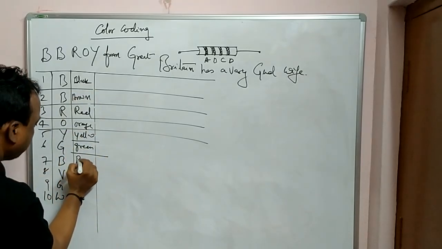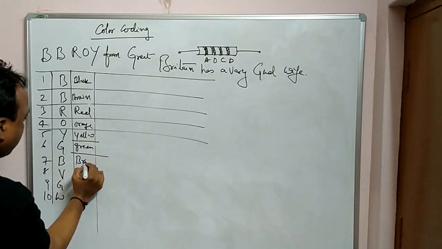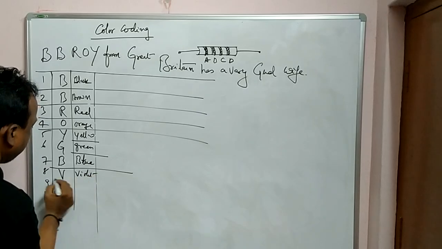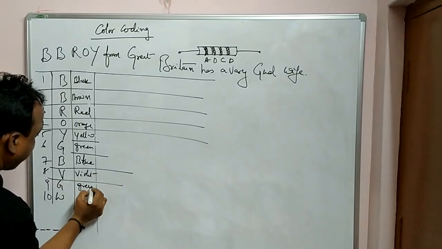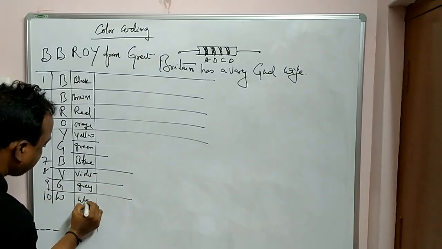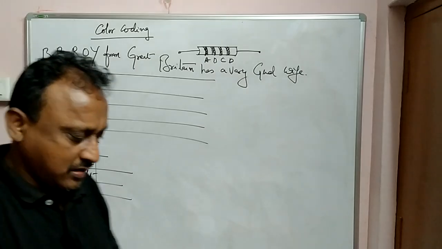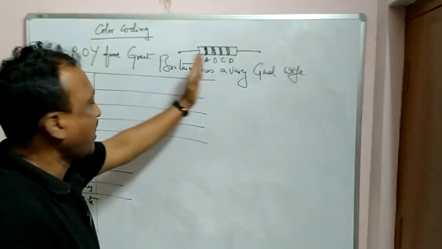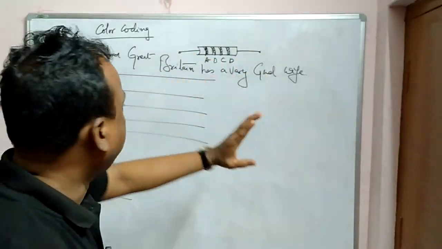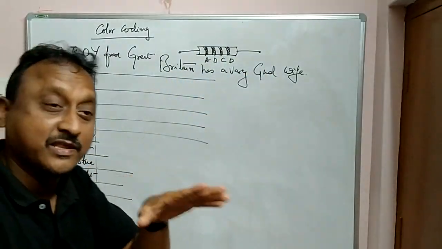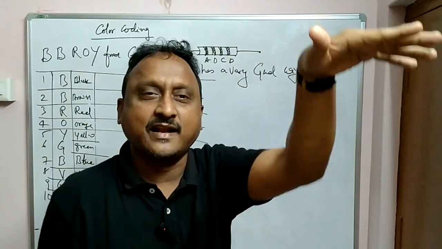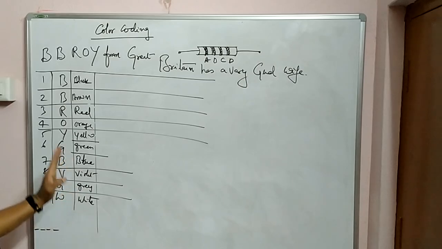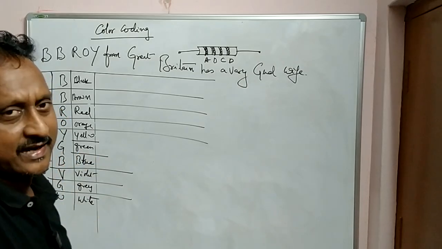Next blue, violet, and next grey, and lastly white. So to remember the color coding better in the examination, use B.B. Roy from Great Britain has a very good wife. These 10 colors go from thick colors to thin colors: black, brown, red, orange, yellow, green, blue, violet, grey and white.